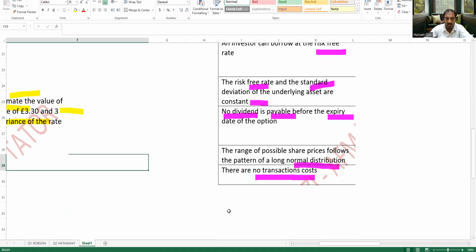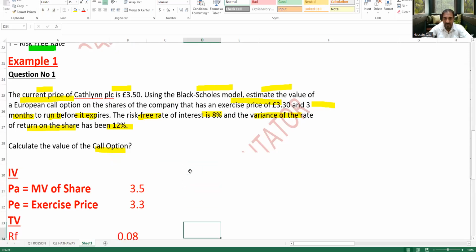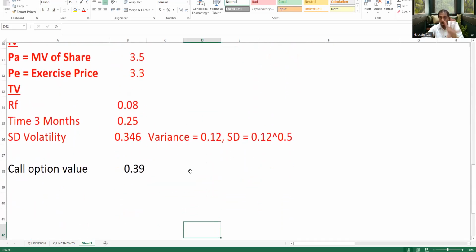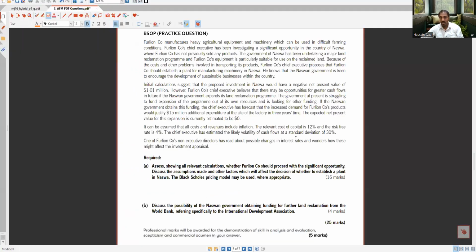That is the assumptions point. Yes, of course, we will discuss a scenario, a question, where we will see how the assumptions apply to a particular scenario, how we will draft and how we incorporate the PSM.